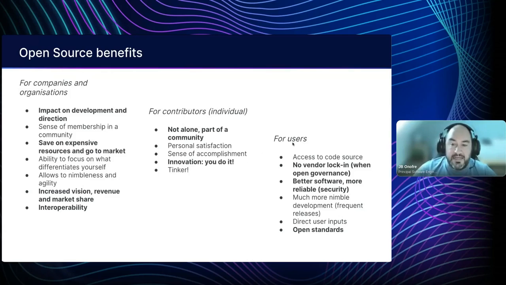For users, so basically users could be individual or could be companies using open source projects. You don't have any vendor locking. I will explain why open governance matter, about vendor neutrality and vendor lock-in, in a few seconds. You also have better software, more reliable.